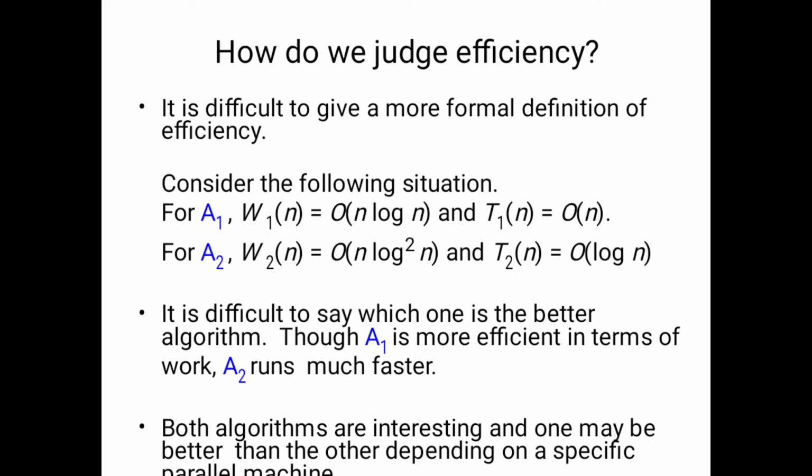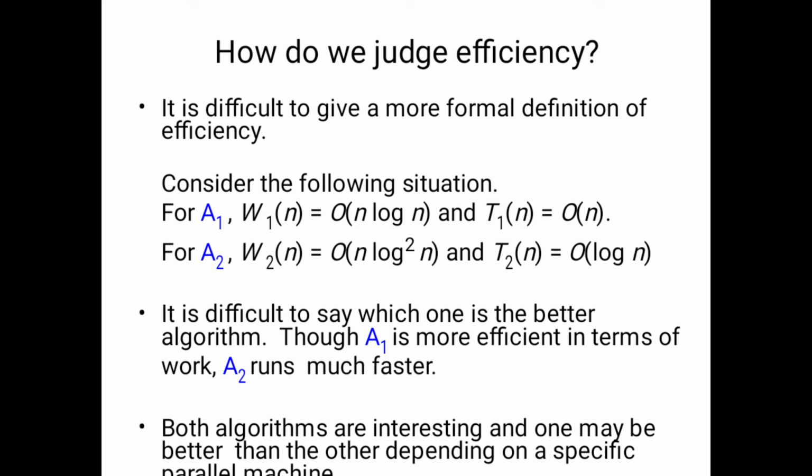Now, it is difficult to give a more formal definition for efficiency. Suppose A1 and A2 are two algorithms, where W1 of n is equal to order of n log n and T1 of n is equal to order of n, and for A2, W2 of n is equal to order of n log square n and T2 of n is equal to order of log n.